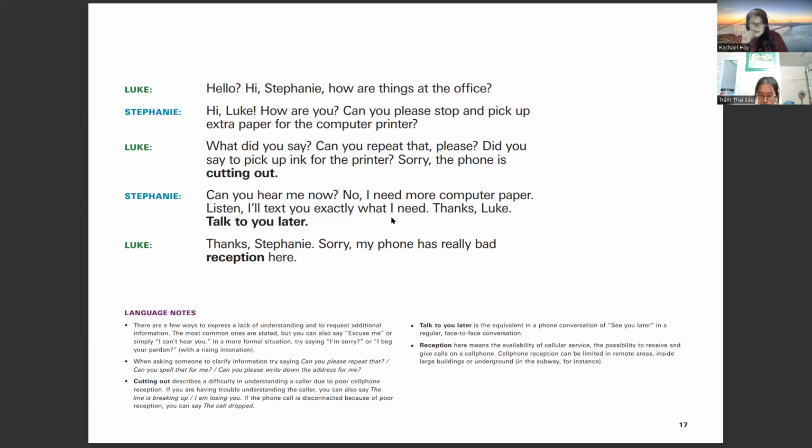So there are a few ways to express a lack of understanding and to request additional information. You don't just use this if the call is cutting and you can't hear the person. You can also use it if you're talking to somebody and maybe they said a word too softly.